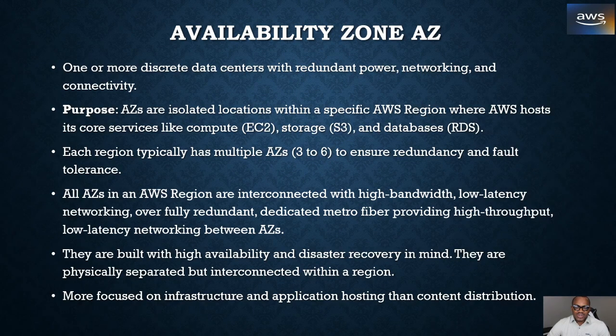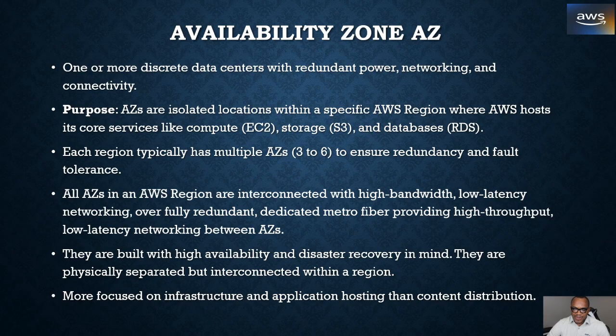Each region typically has about 3 to 6 data centers, and all AZs in an AWS region are interconnected. They are built with availability and disaster recovery in mind. So if a disaster affects one data center, it will not affect other data centers.